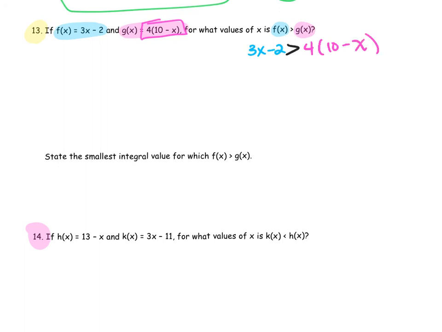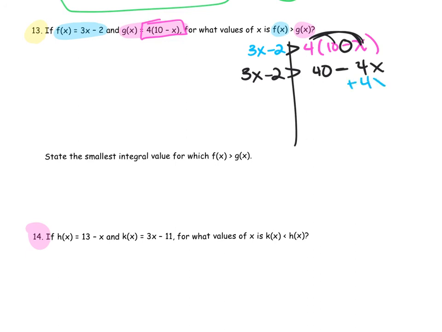Okay, so let's start to solve for x. I'm going to get my variable on the left-hand side, but I first notice on the right-hand side here that I can distribute. So let's distribute this. We have 4 times 10, which is 40. 4 times x is 4x, but there's subtraction in the middle. And we're just going to continue to simplify here. Like I said before, we want to get x on the left-hand side.